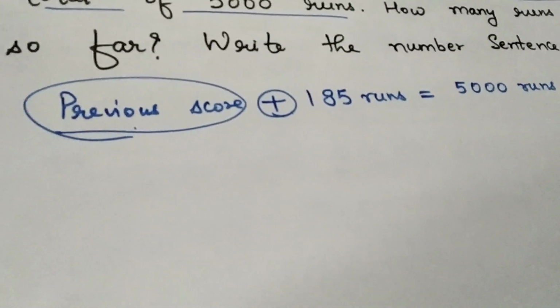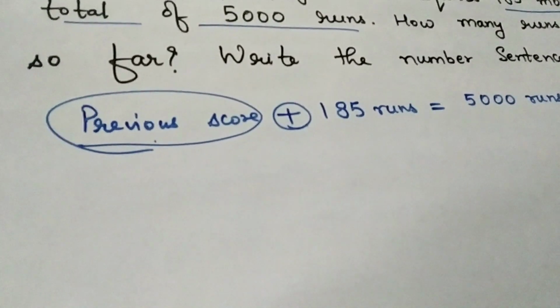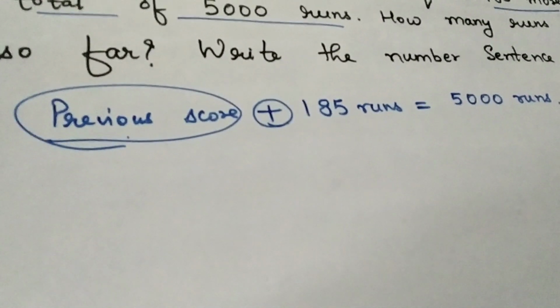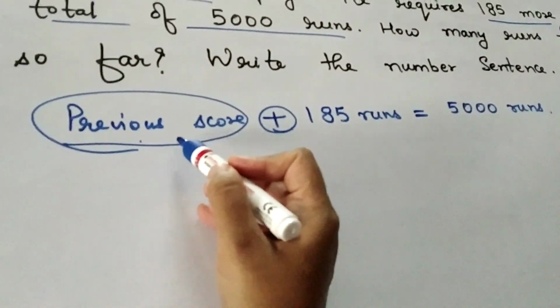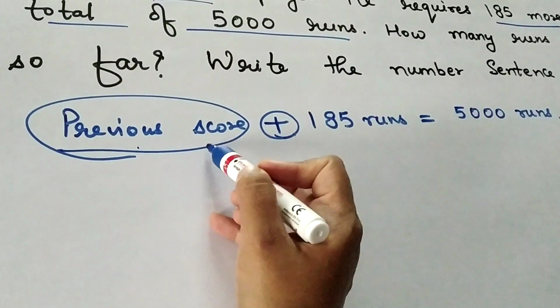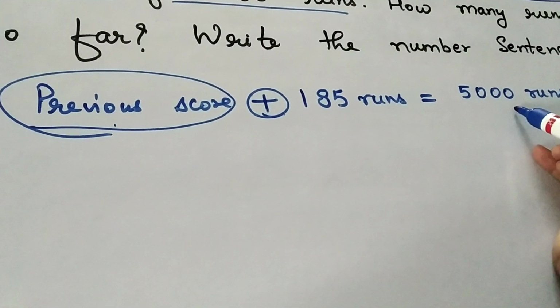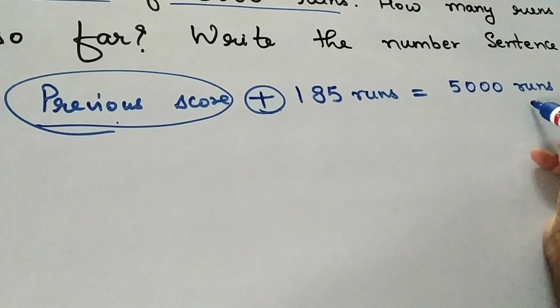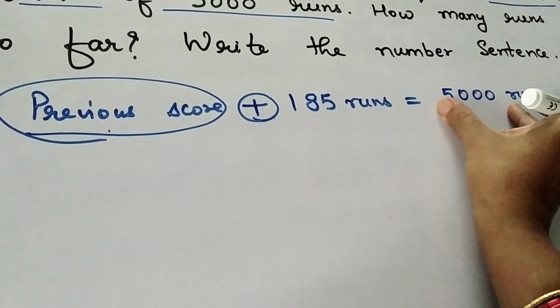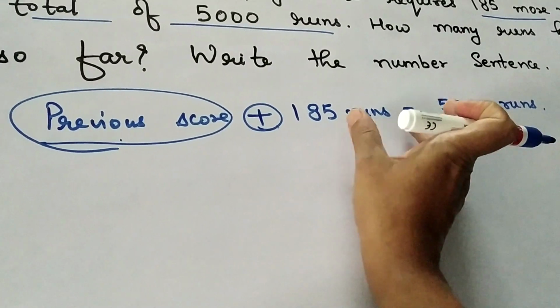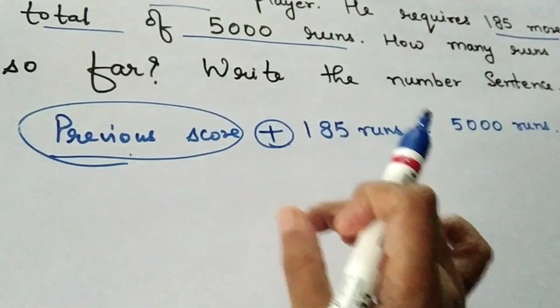Now when you write like this, what did you understand? Whatever may be the previous score, if he scores 185 runs more, it will be 5000 runs in total. So if from this 5000 runs I subtract this 185 runs, I will get the previous score.